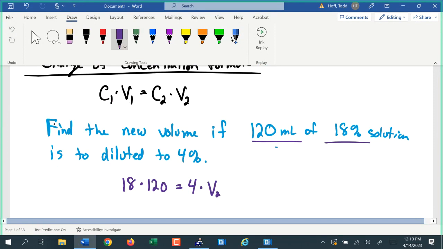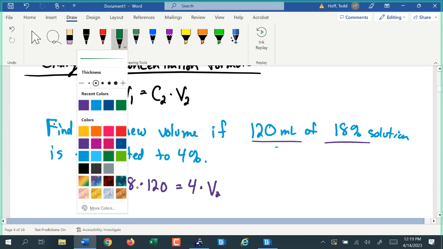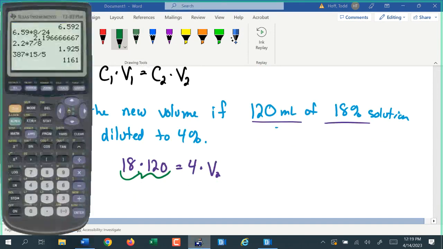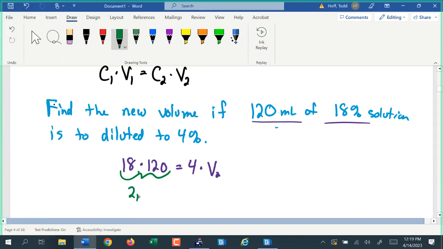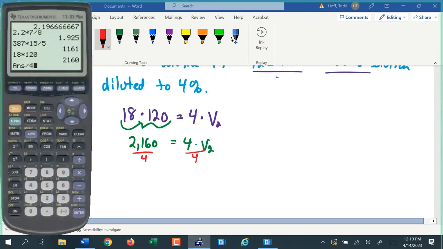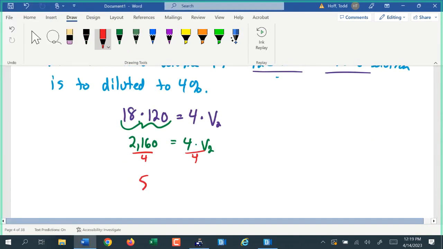So to calculate this out, I do my 18 times 120, which will give us 2,160. Then I divide by the 4. So is that 540, I believe? It is. That's 540, our new volume.